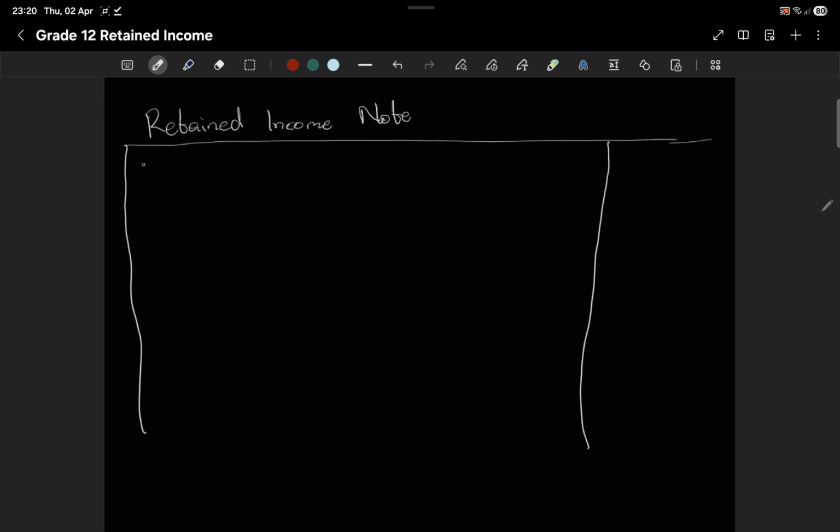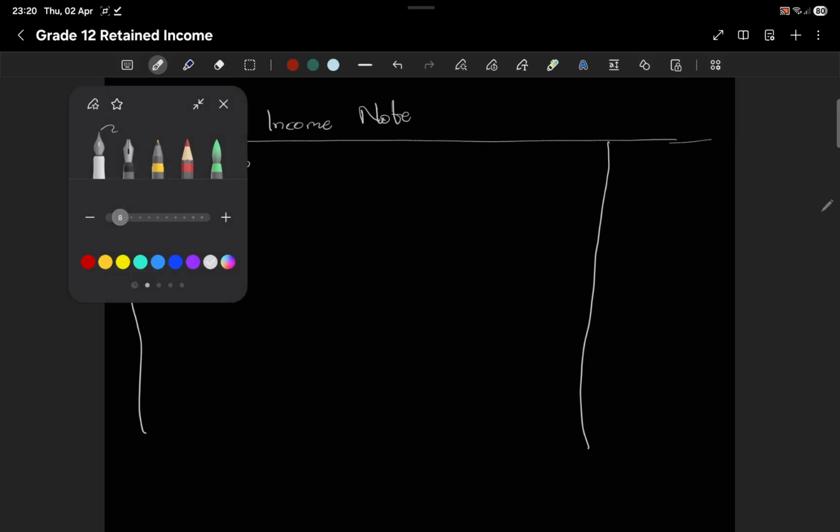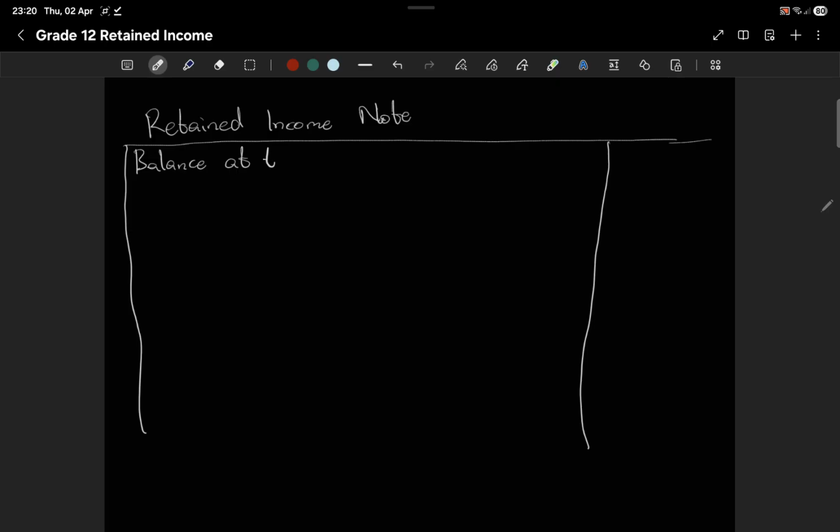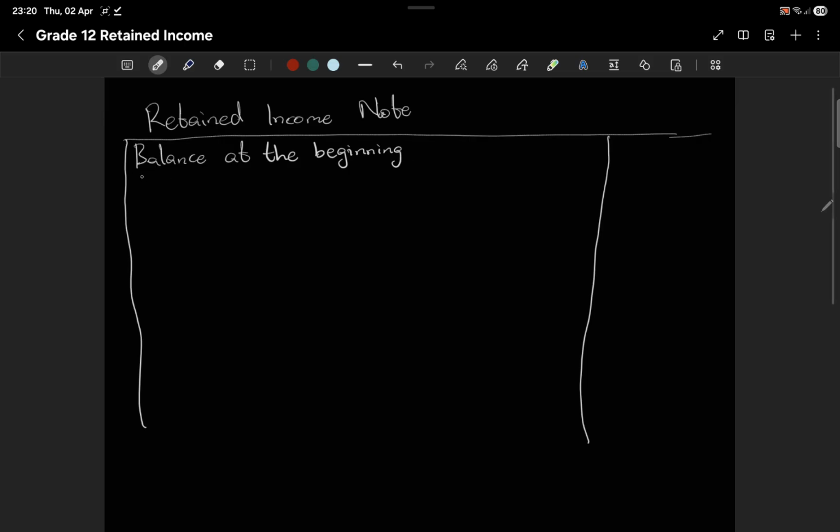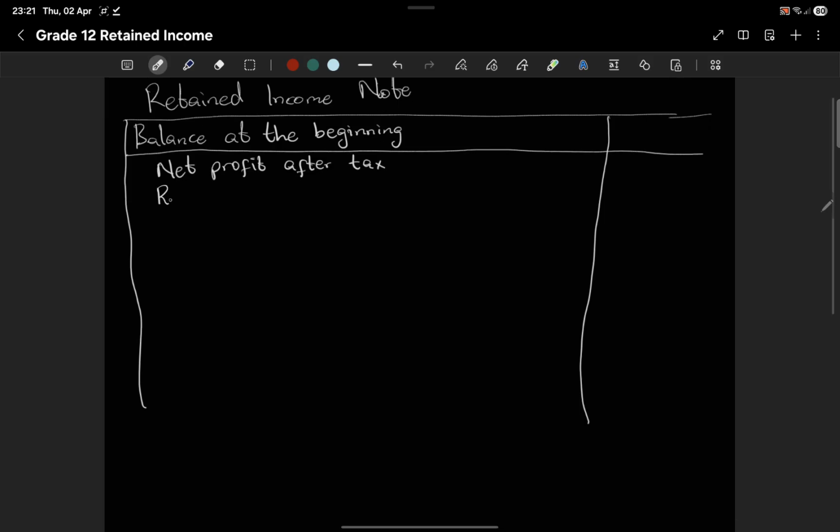So, at the beginning, you have the balance at the beginning, followed by net profit after tax, followed by repurchase of shares.